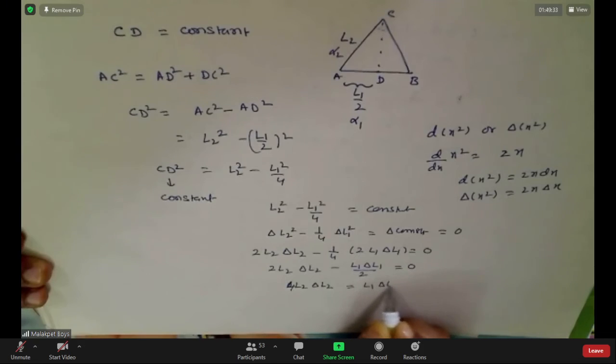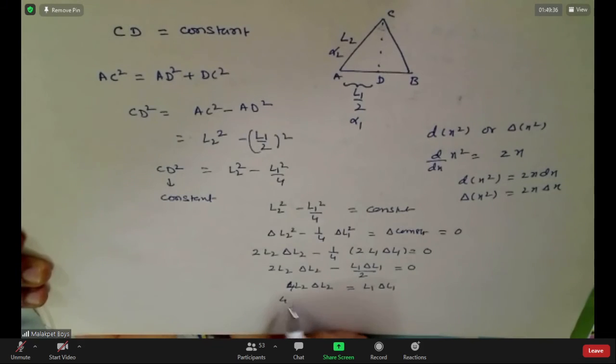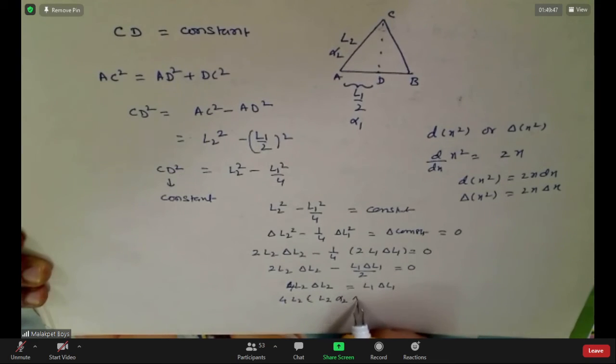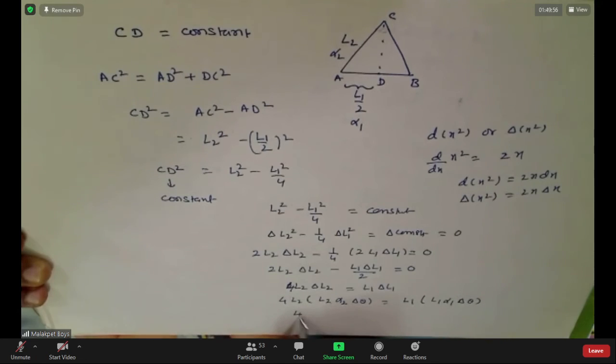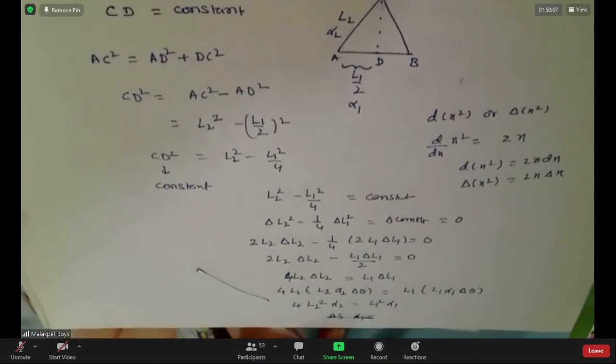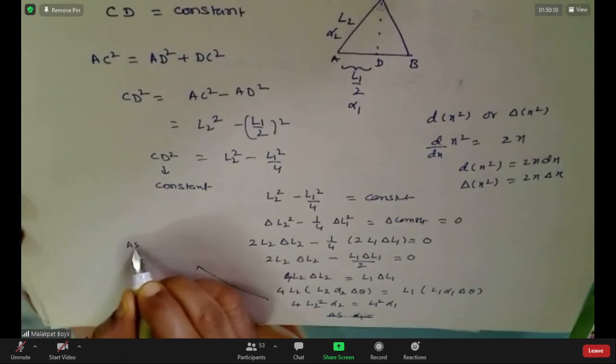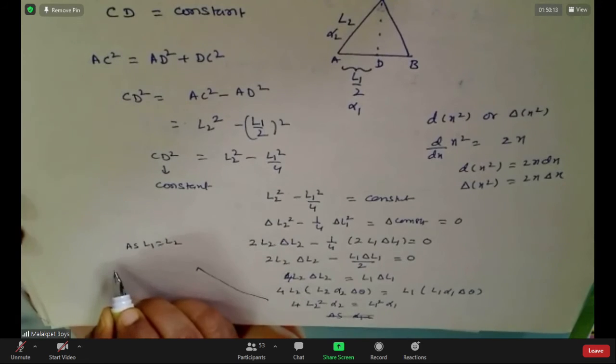I can multiply by delta L1. So 2, no? The initial length L2 alpha 2 delta theta, and L1 alpha 1 delta theta. This is 4 L2 square alpha 2 equals L1 square alpha 1. From here I can write L1 equal to L2. Now you can substitute L1 equals L2. What you have?